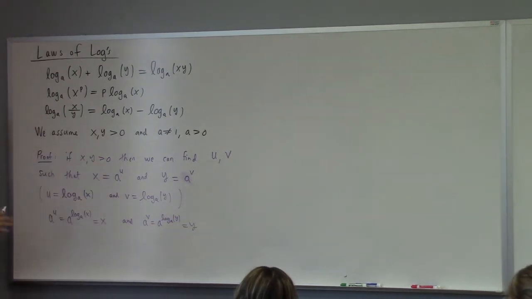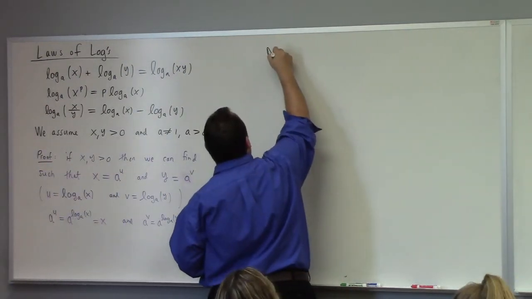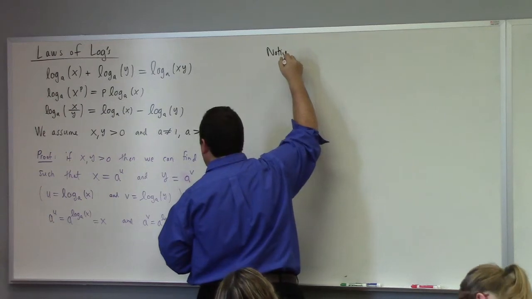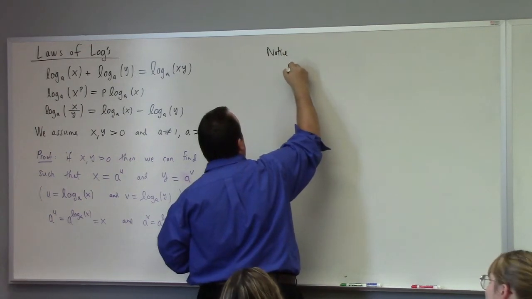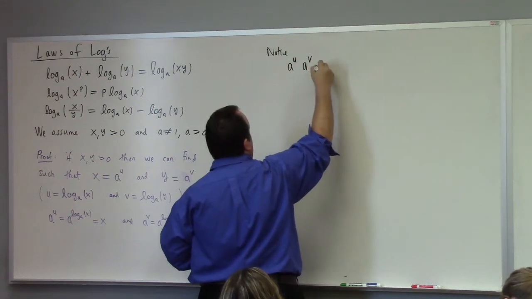Okay, so that's fine. That's a step we can definitely make. We can find a u and a v such that x equals a to the u and y equals a to the v. So then notice that if we do a to the u times a to the v, what do we get?